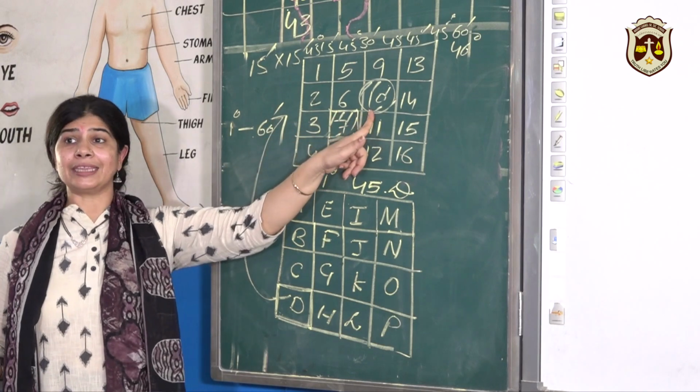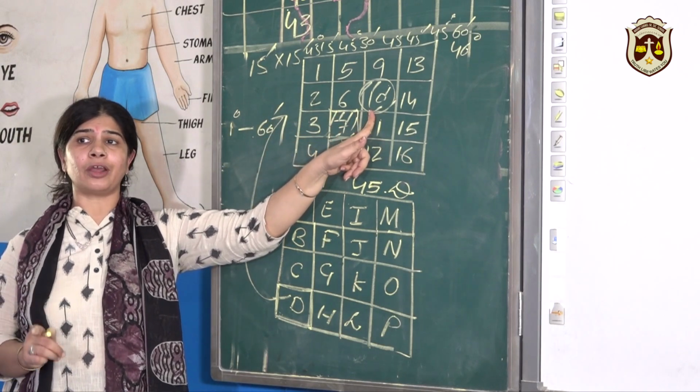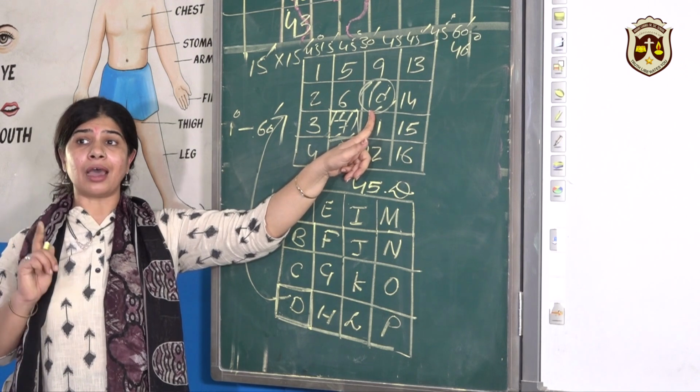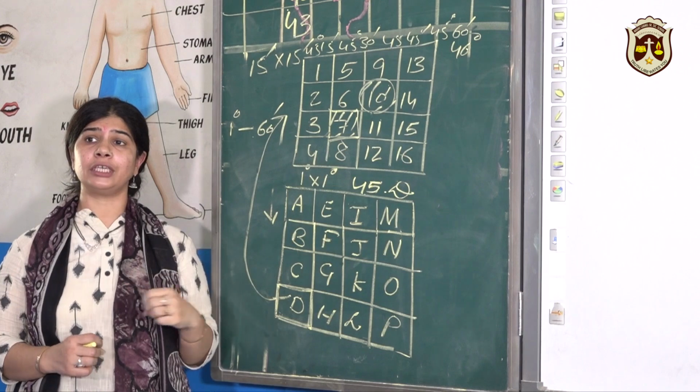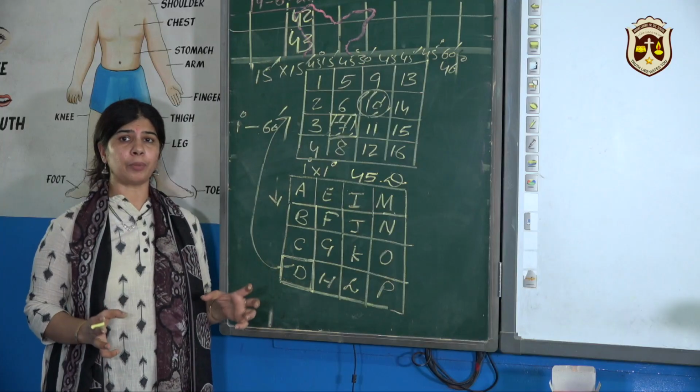Only this small area. That is why I told you a topographical sheet is a large scale map which shows a very minute area with detailed information. So what type of information?